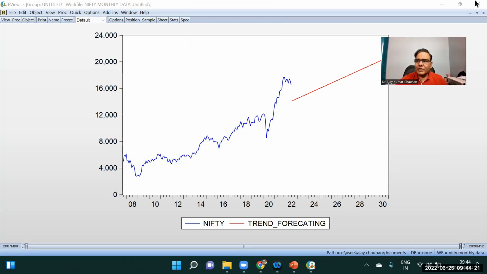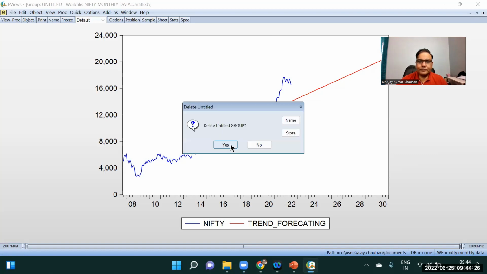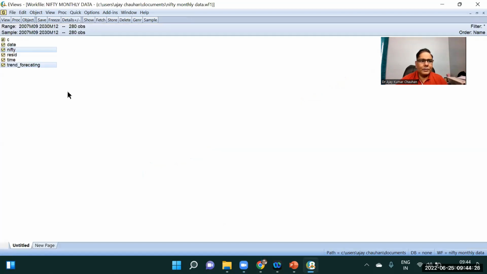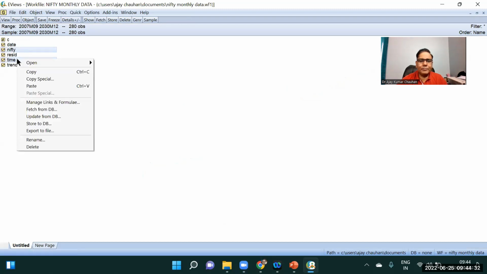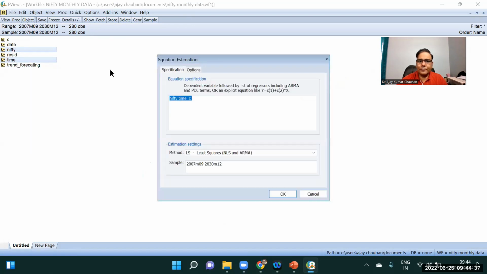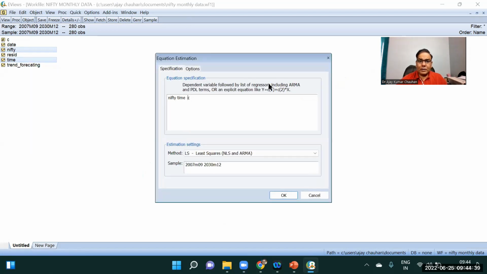After trend forecasting, now I'm going to do curvilinear trend forecasting. So again, Nifty time, I'm opening as an equation and adding one more term, time square.